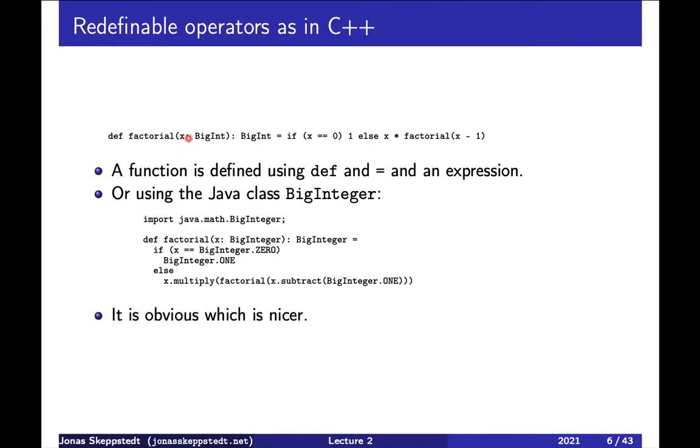So this is BigInt, which in the implementation is Java's BigInteger. So we can write it like this, having redefined operators to compute the factorial. And it's quite obvious that this single line is much nicer than this thing here.